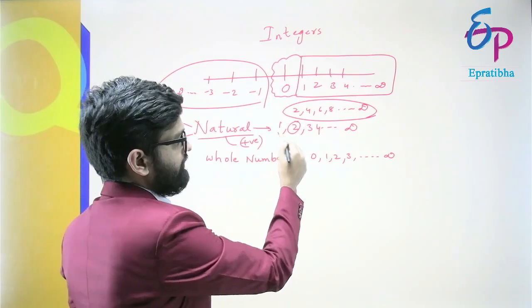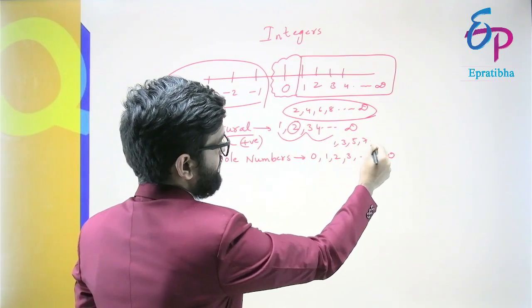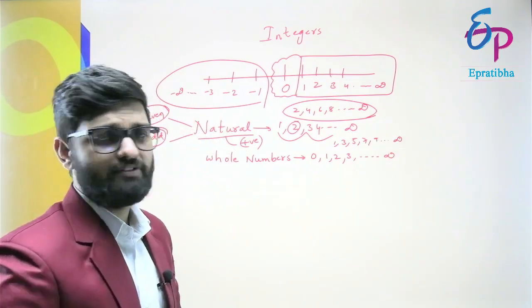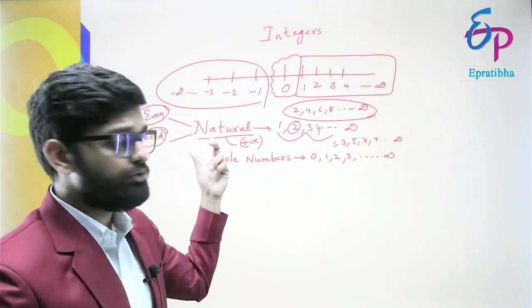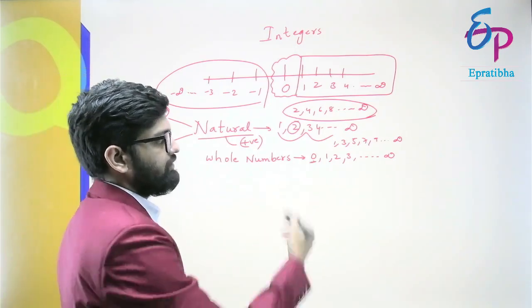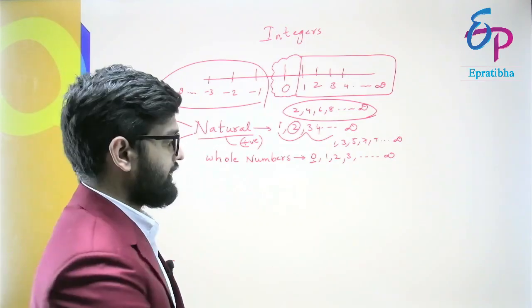If you take the other numbers 1, 3, 5, 7, 9, those are called odd numbers. This is a simple classification, right? Natural numbers are divided into two types, even and odd. For whole numbers, an extra 0 will be there. That's it.